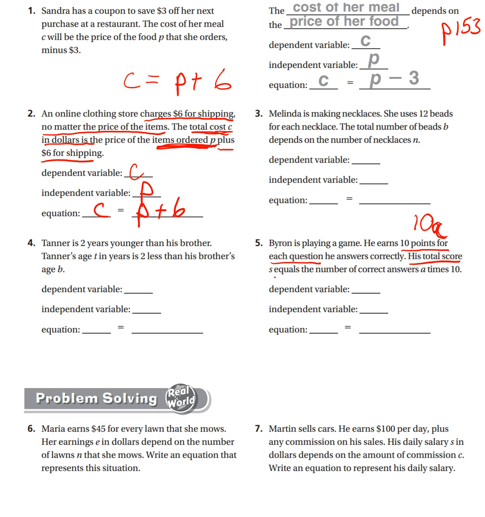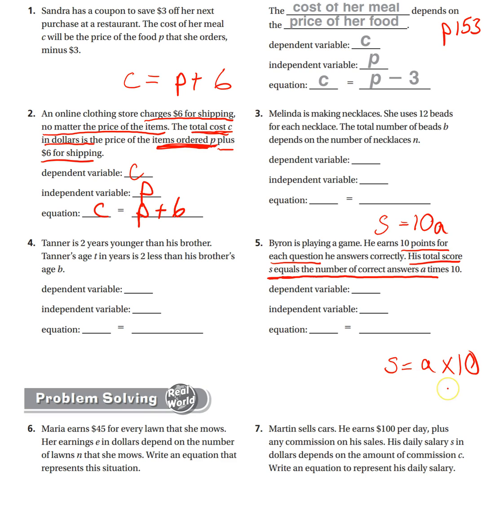His total score, S, equals the number of correct answers, A. Okay, so they told me to change that Q to an A, times 10, so that's 10 times A. And it equals S. S equals number of correct answers, A, times 10. So you could have written it as S equals A times 10.